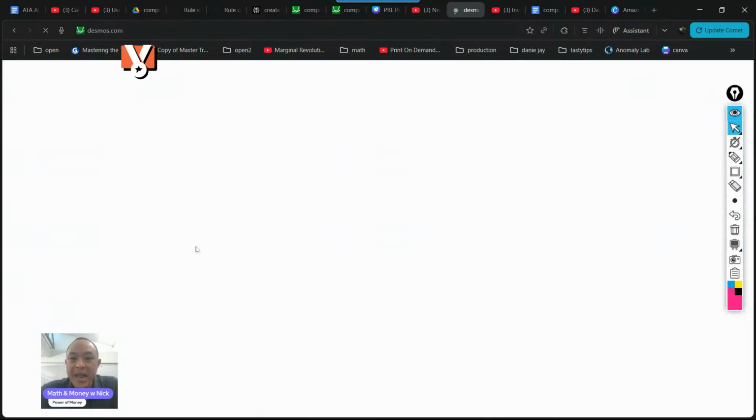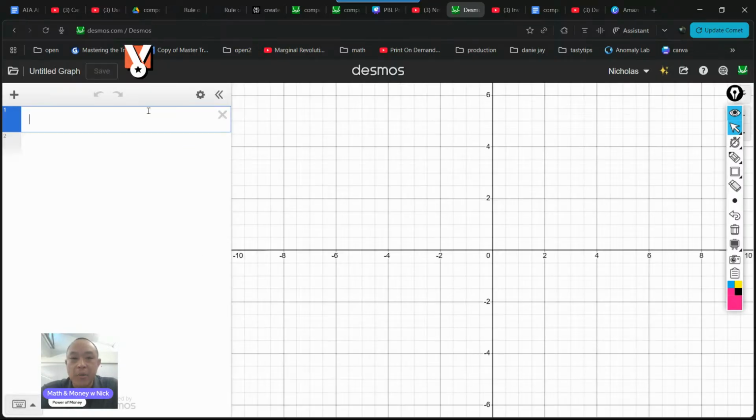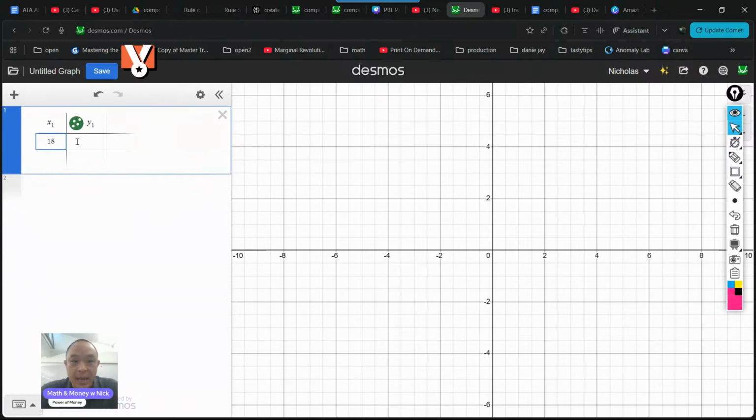And we can actually plot this simple interest formula and see how our money grows. So if I just create a table here, and let's say you start off at age 18, and at age 18, the amount of money you have in your bank is $10,000. And then every year, 19, 20, you're making a 10% return.